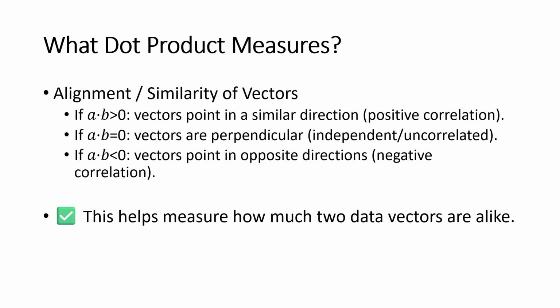Or whenever the screen time increases, the amount of sleep that we get decreases. That is an example of negative correlation. So the dot product helps us measure how related the vectors are.